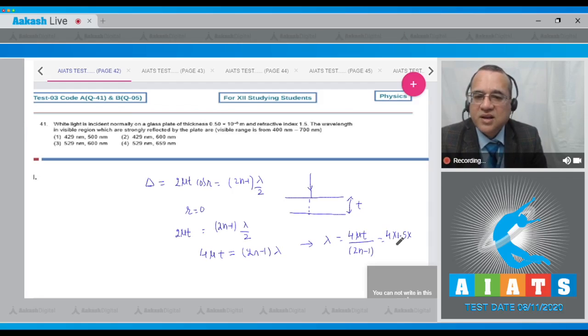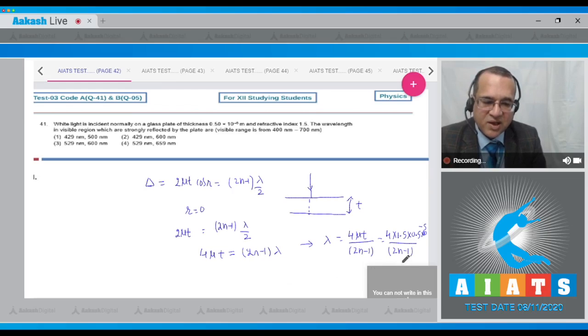Here μ is given as 1.5 and the thickness given is 0.5 × 10^-5 divided by (2n − 1). Now, dear student, we have to fill n = 1, 2, 3, 4, 5, etc., and for the maxima to occur, the n value has to be filled and lambda should lie between 400 and 700.